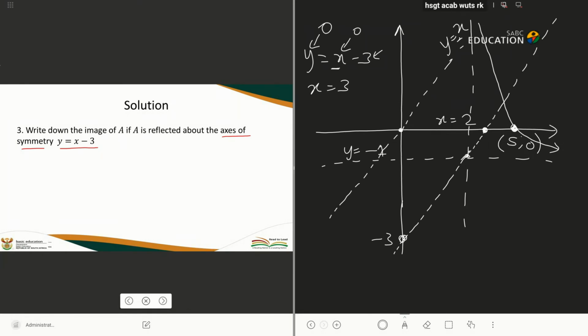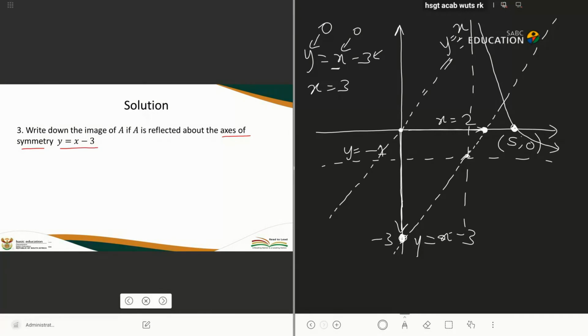Now, on the new graph, y equal to x minus 3, our x-intercept is (3, 0) and our y-intercept is (0, negative 3). So it means that the x-intercept of the line y equal to x has been translated to the right how many units? 3 units. So if you translate it to the right 3 units, you get there. And if you translate this one vertically downwards for 3 units, you are going to get that point there. And then if you draw it, you are going to get the line y equal to x minus 3.